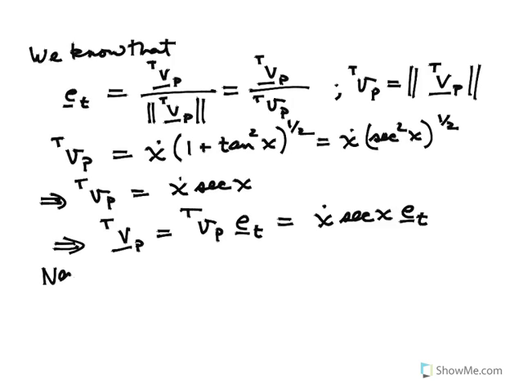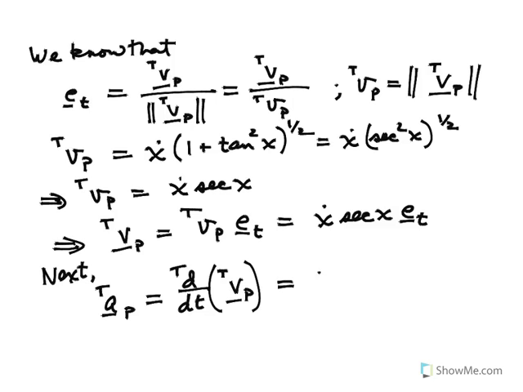So next, the acceleration of point P as viewed by an observer fixed to the track is equal to the rate of change in the track of the velocity of point P as viewed by an observer fixed to the track. But that is equal to the rate of change in the track of the speed relative to the track times the tangent vector.